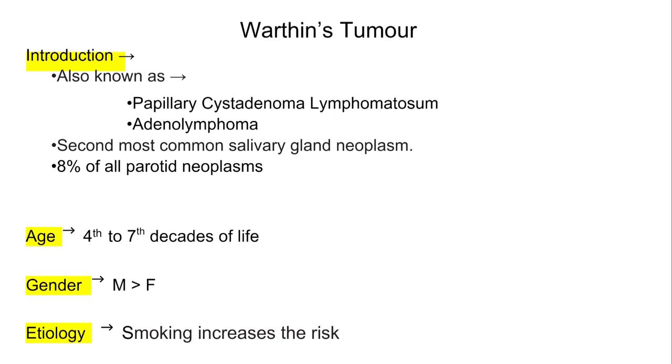An important risk factor to highlight is smoking, which significantly increases the likelihood of developing this tumor. It is also known as papillary cystadenoma lymphomatosum, or adenolymphoma. Warthin's tumor presents unique characteristics which we will explore further in the next slide.